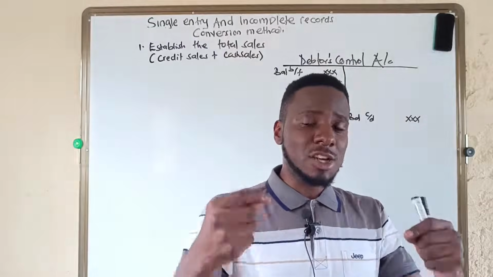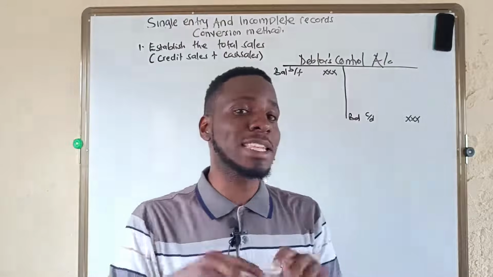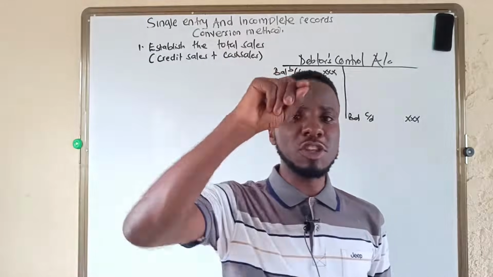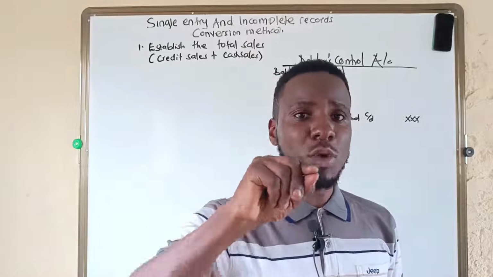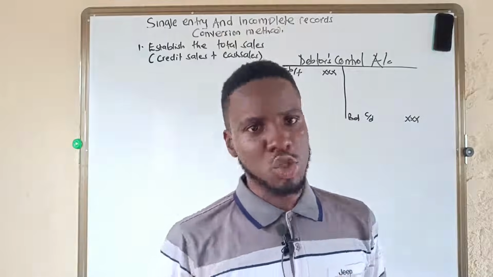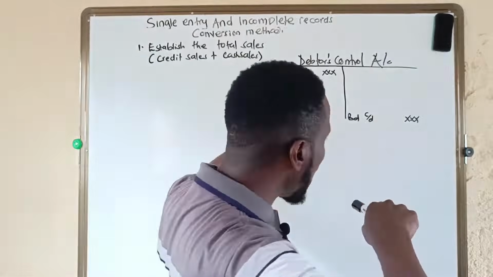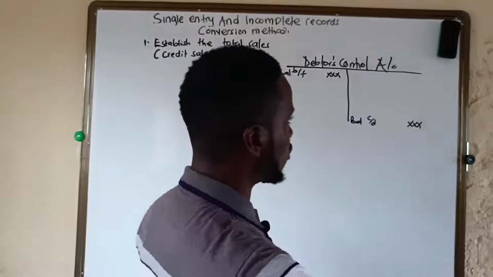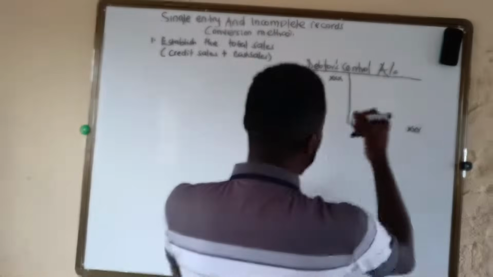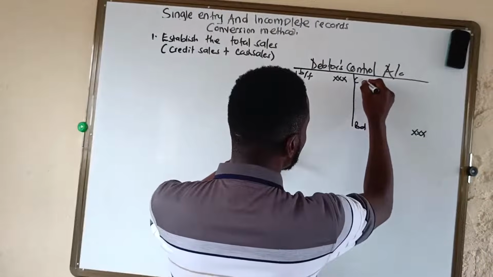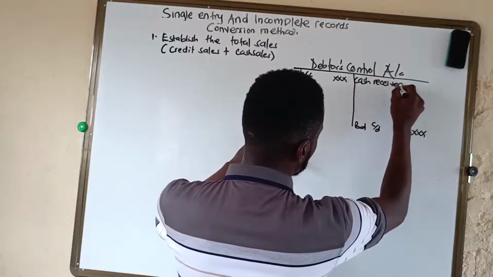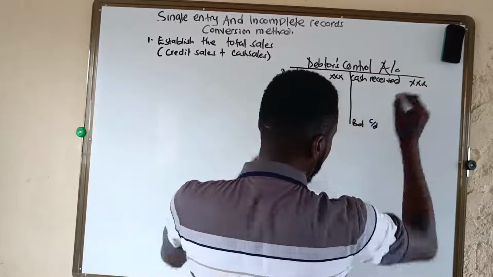If it is cash received from the debtors, that reduces the amount of money that you are expecting from the debtors. So what do we do? Because it's on the debit side in the receipts and payments or in the cash book, we come and indicate here in the debtors control account as cash received. So we show it here.